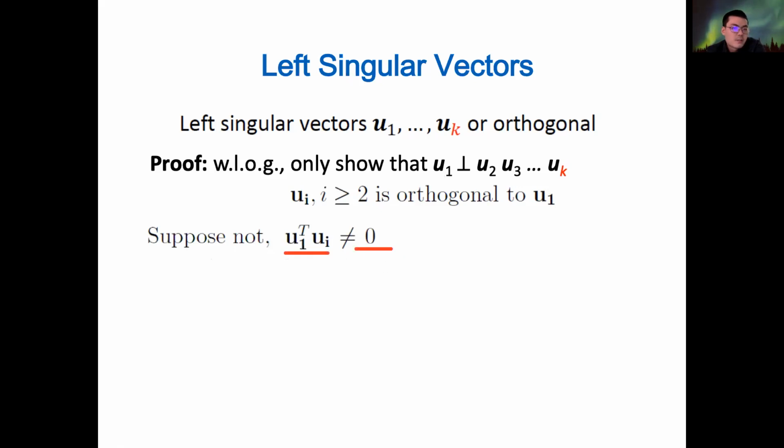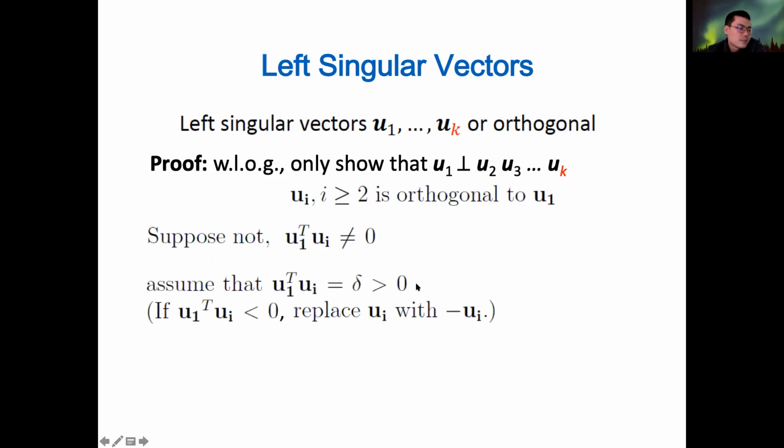It's going to be some value, let's say we call it delta. And we assume delta is larger than 0. But this is not a problem, because if your delta is smaller than 0, then you reverse the direction of U_i. If your previous value is negative, reversing makes it positive, it's the absolute value of that.